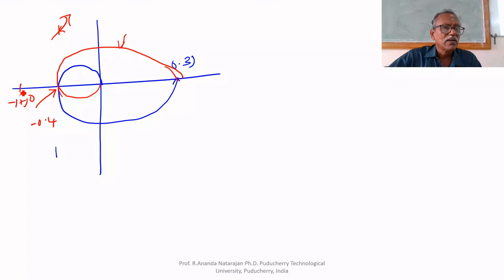We have to make it equal to 1. Then it will pass through that minus 1. Therefore, K equal to 1 by 0.2, that is equal to 5. When K equal to 0, what happens? This point comes here, coincides with the origin. Therefore, K must vary from 0 to 5.